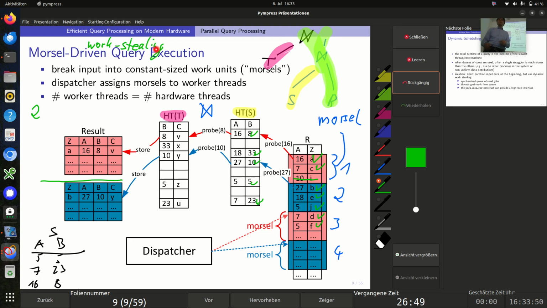Because the granularity on which you work is a multiple of a tuple, and this multiple of a tuple is called morsel. Easy, isn't it? By the way, if you want to know more about it, you can work on it as a master's thesis. Currently I have one student working on it, and we try to benchmark morsel-driven query execution for GPU database systems. That's what we currently do.